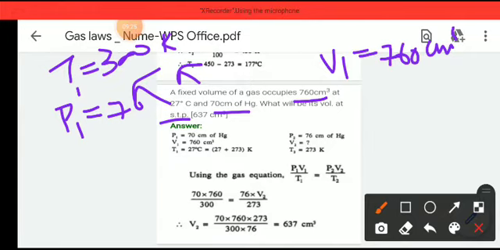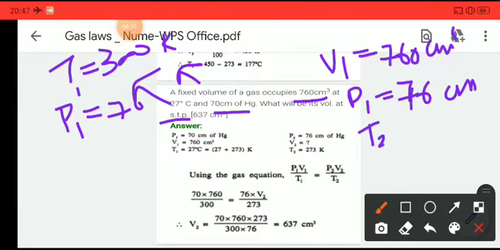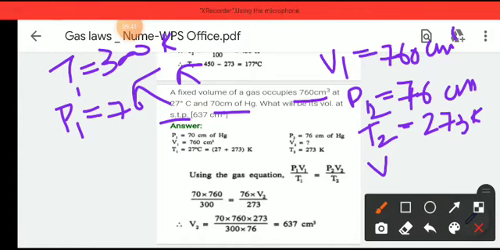At STP, that is standard temperature and pressure, P is 76 cm of Hg, temperature is 0 degree C or 273 Kelvin. So P2 will be 76, T2 will be 273 Kelvin, and V2 is what we have to find.